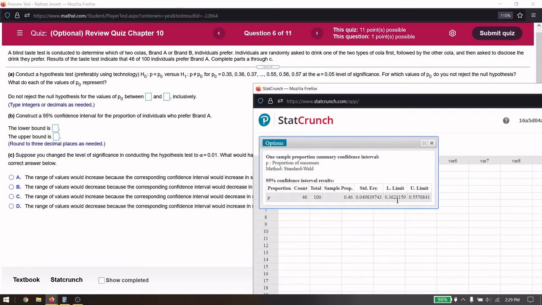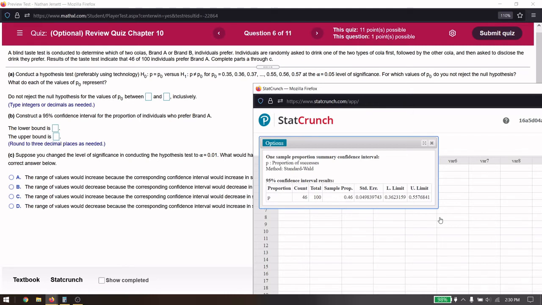So the lower limit is 0.362, and the upper limit is 0.56, or I should say 0.557. So what you can think of it as is that everything from 0.36 and lower, and everything from 0.56 and higher are rejected, because all the rest of the values, 0.37 like we just found, 0.38, 0.39, all the way up to 0.55, those are all contained within this confidence interval.